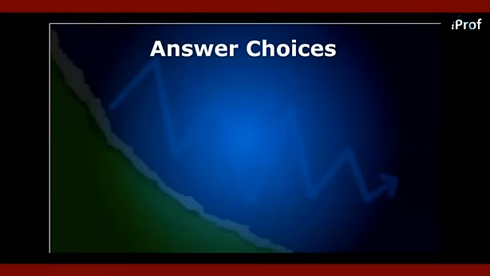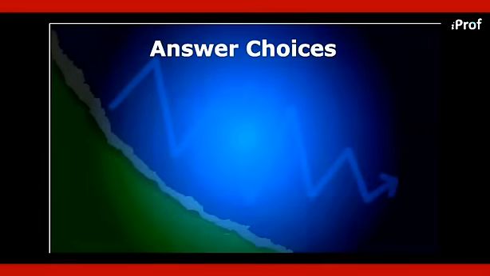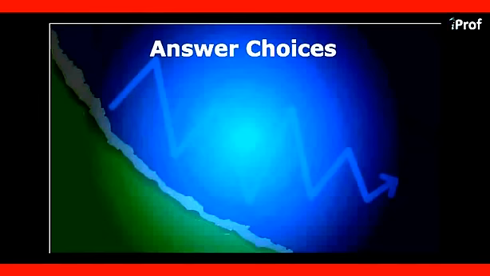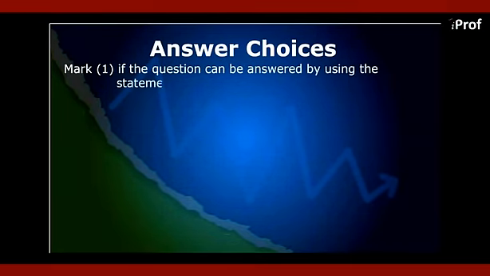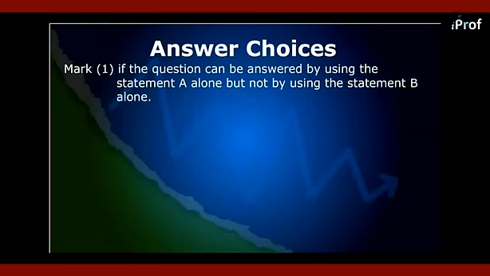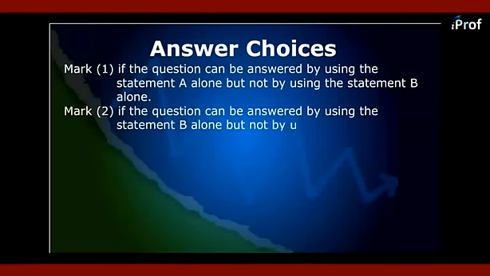Typically, the answer choices in the CAT are as given on your screen. So you have to mark 1 if the question can be answered by using statement A alone, but not by using statement B alone. Mark 2 if this question can be answered by using statement B alone, but not by using statement A alone.